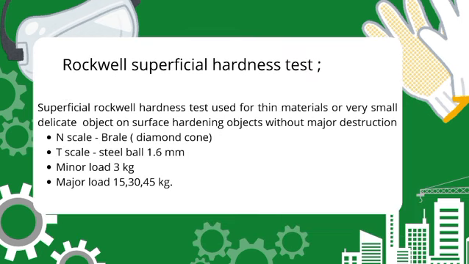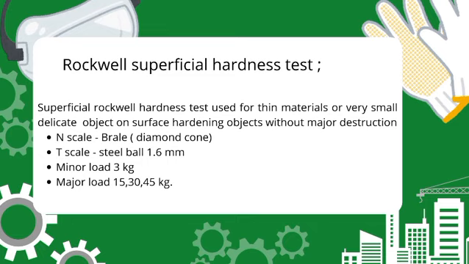And the next topic is the Rockwell superficial hardness test. Rockwell superficial hardness test is used for thin materials, very small delicate objects, and surface hardened objects without major destruction. Two types of scales are used in this test: one is the N scale and the second one is the T scale.